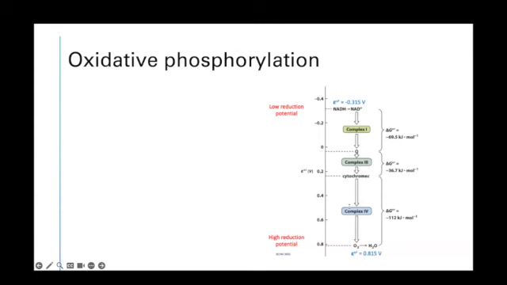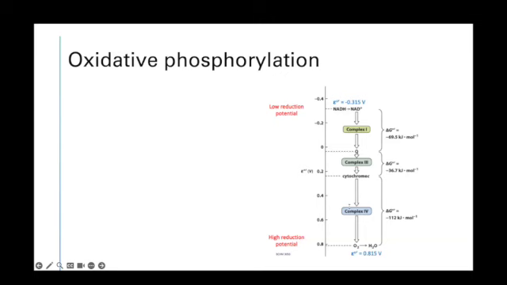Just as a quick refresher, if you remember oxidation and reduction principles, oxidation is the loss of electrons, reduction is the gain of electrons. I know this seems kind of counterintuitive, but if you think about oxidation numbers, in reduction, as we gain electrons, the oxidation number gets reduced, hence why it's called reduction.